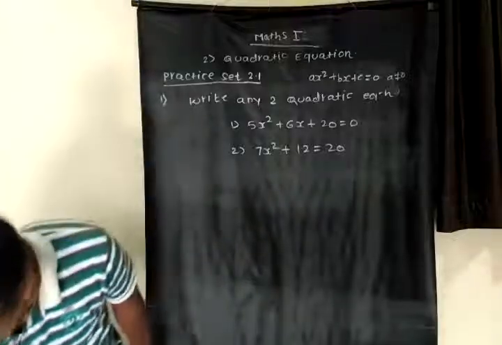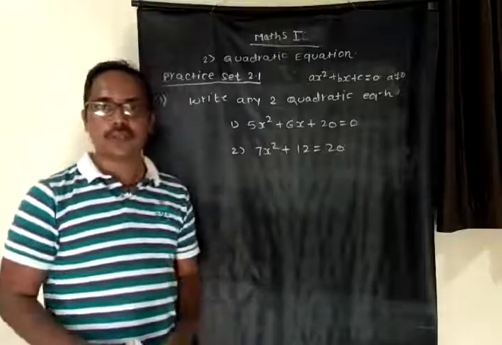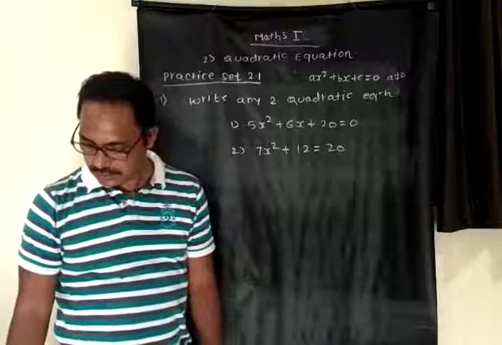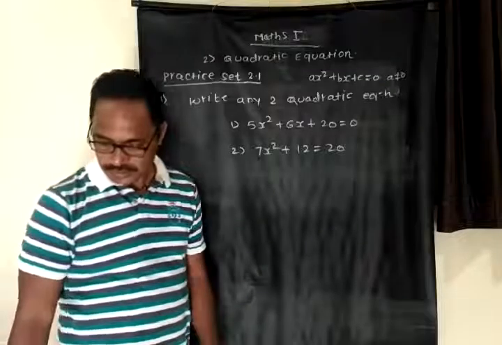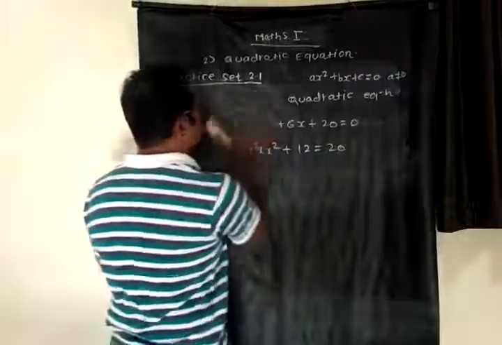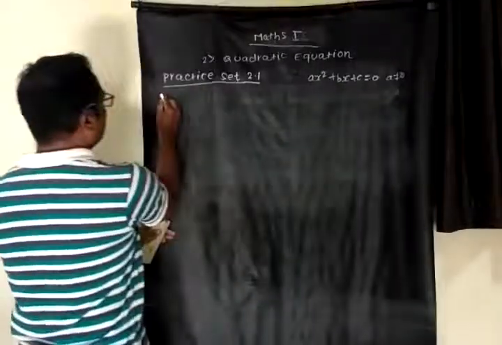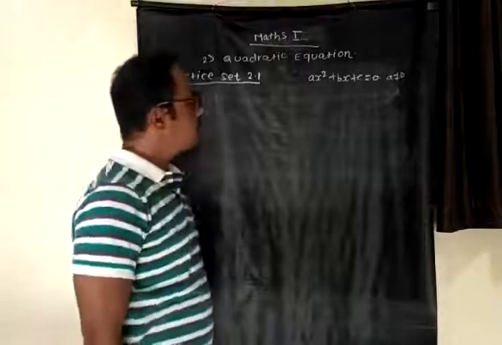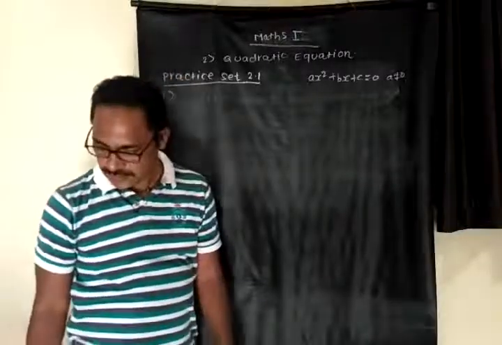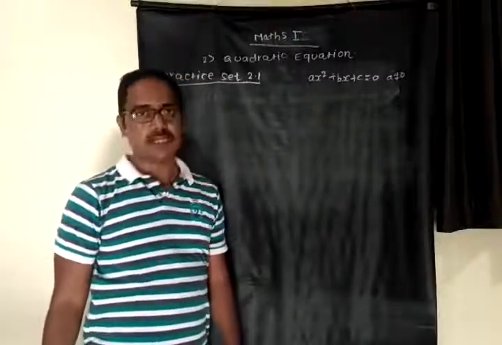Then question number 2 is: decide whether the following equations are quadratic equations or not. So in question number 2 we are going to decide whether the given equations are quadratic equations or not.